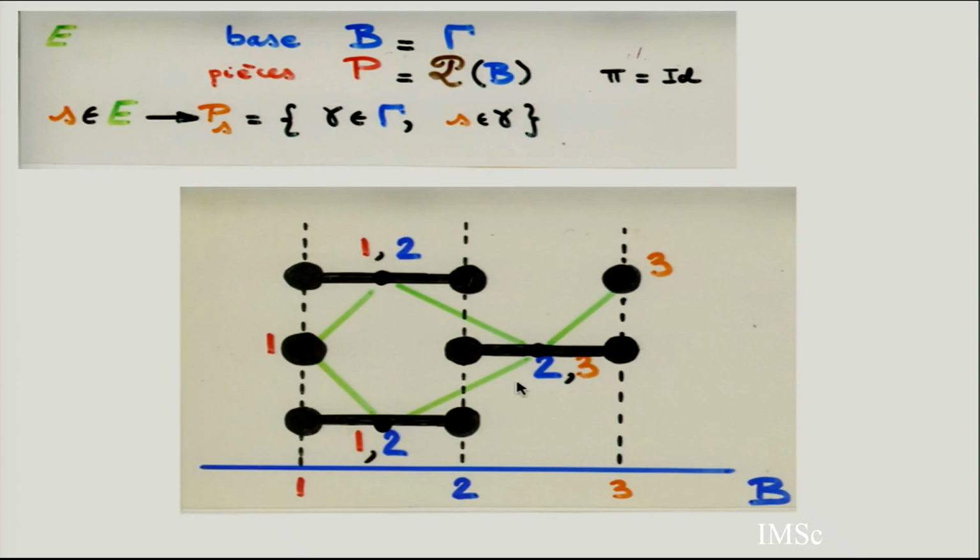Here you have the chains 2 and 3. And so this basic piece is a subset of the set of chains strongly covering the poset.